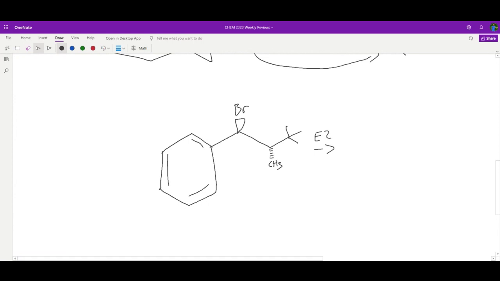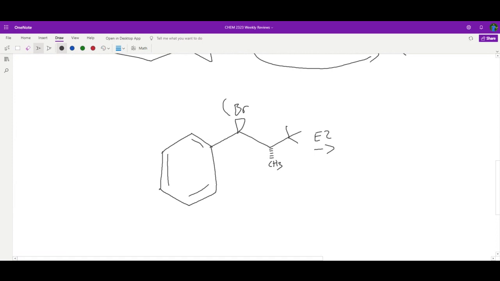That means I'm creating a double bond, I'm getting rid of the leaving group, and I'm getting rid of a hydrogen that's adjacent to my leaving group, and I'm making sure that hydrogen is anticoplanar. And again, I'm creating a double bond between the hydrogen I'm deprotonating and my leaving group.